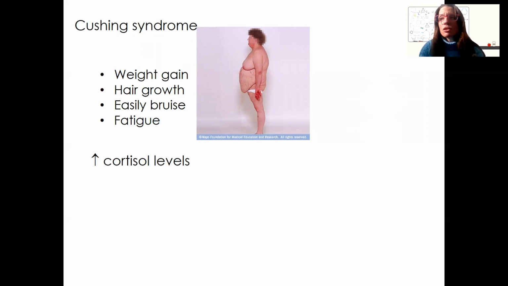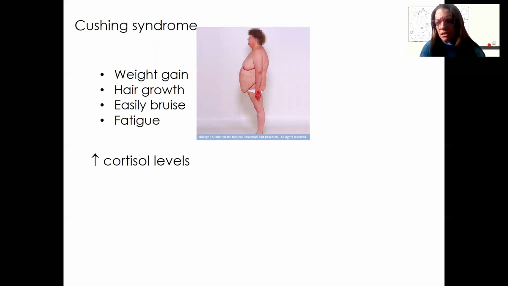This is caused by high levels of cortisol. So Cushing syndrome, the indicator of it is high cortisol. These are some of the symptoms. I want you to think about high cortisol, okay?